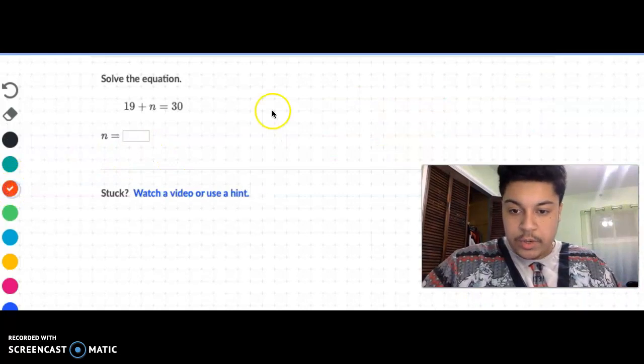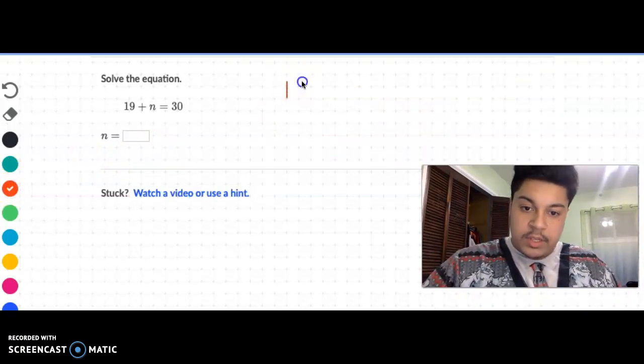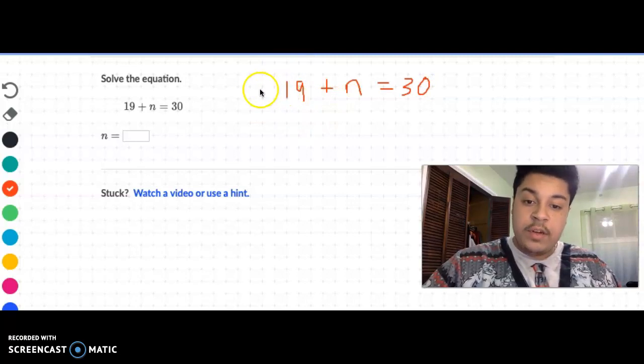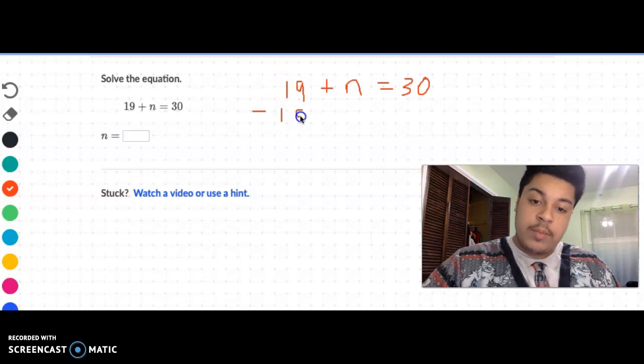Let's do this one. 19 plus n is equal to 30. Since 19 is positive, and we know this because there's no negative sign in front of it, we're going to subtract 19, because negative 19 is the opposite of positive 19.